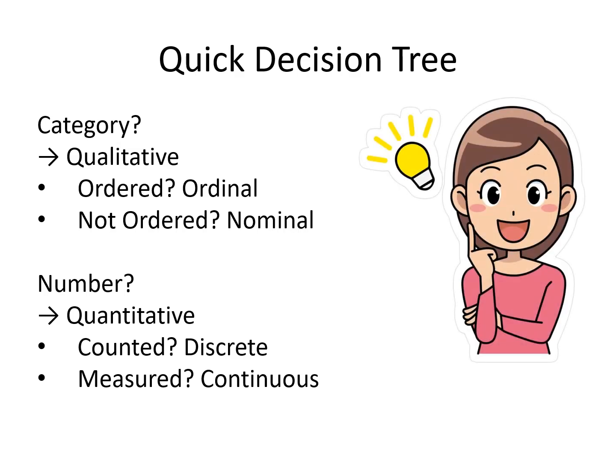If yes, it's ordinal. If no, it's nominal. If the variable is a number, ask, is it counted or measured? If counted, it's discrete. If measured, it's continuous. This decision tree can solve most classification questions.